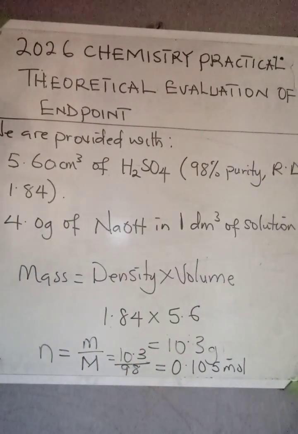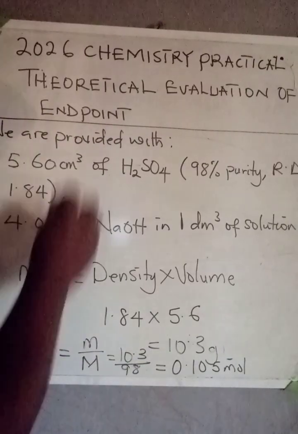Now, since we are to get the concentration of the acid per dm cube of the solution, we're going to be dividing this value by the volume of the solution, which is 1 dm cube. So in 1 dm cube of the solution, we'll get the same value, because anything divided by 1 is still that thing.